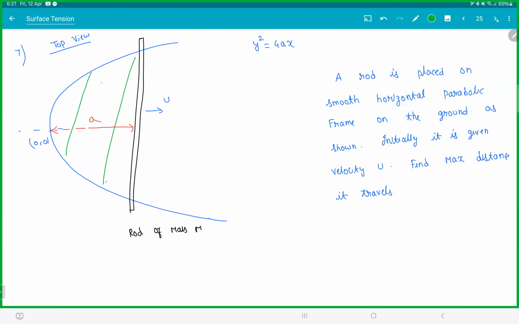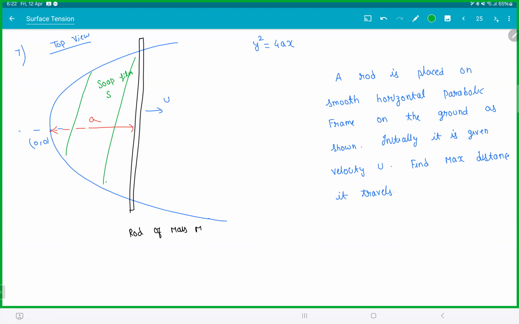The surface tension of the film is S. Question is clear?